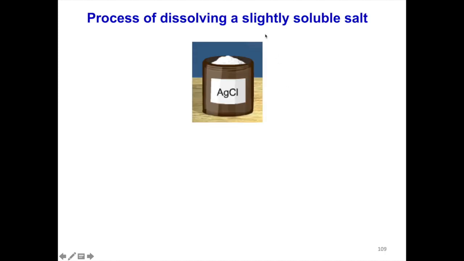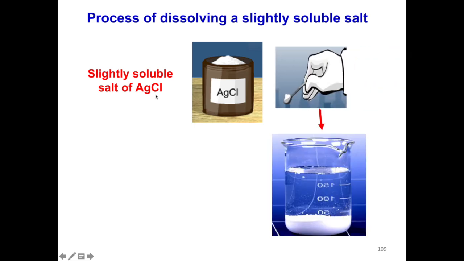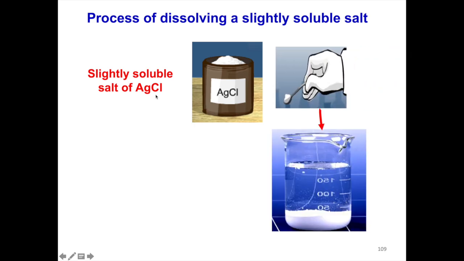This is the process of dissolving of a slightly soluble salt. A slightly soluble salt here means that not all salt will be completely dissolved in water or in any solvent. One example of a slightly soluble salt is AgCl, that is silver chloride.